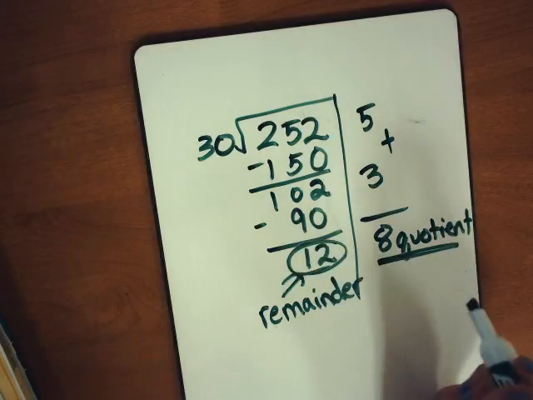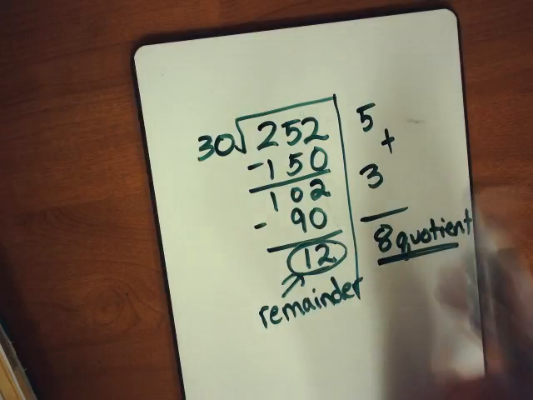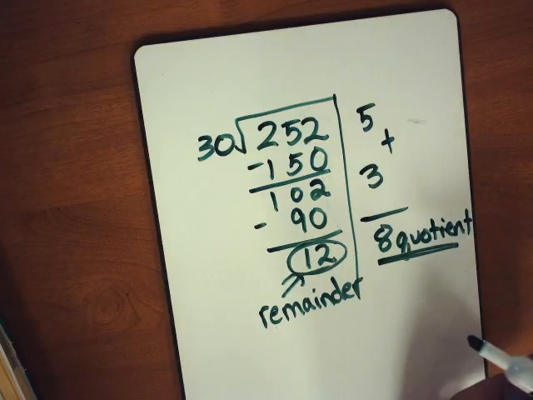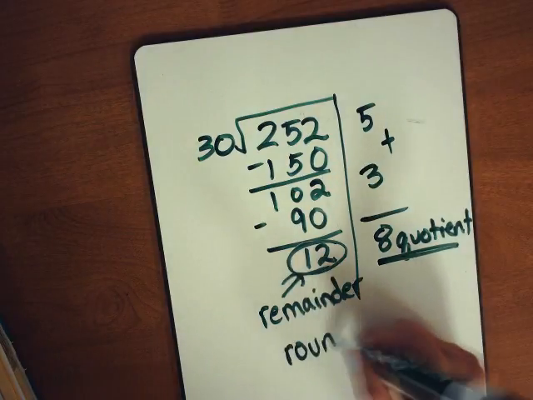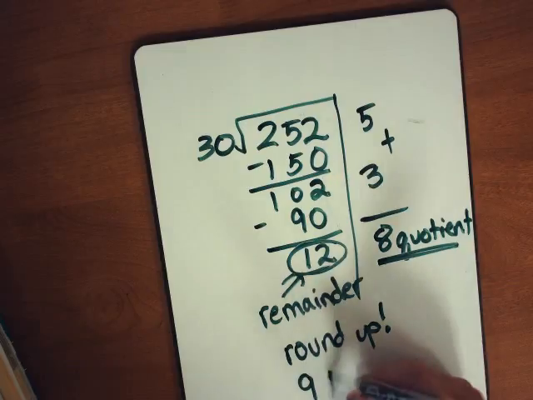The ride will need to run then 9 times in order for everybody to get a ride, because we can't just squish those extra 12 people into it. We aren't going to split body parts up either. So in this case, we would round up, and so we would need 9 total rides.